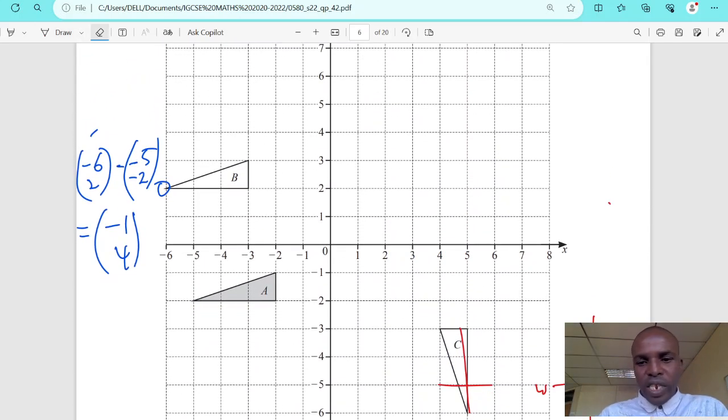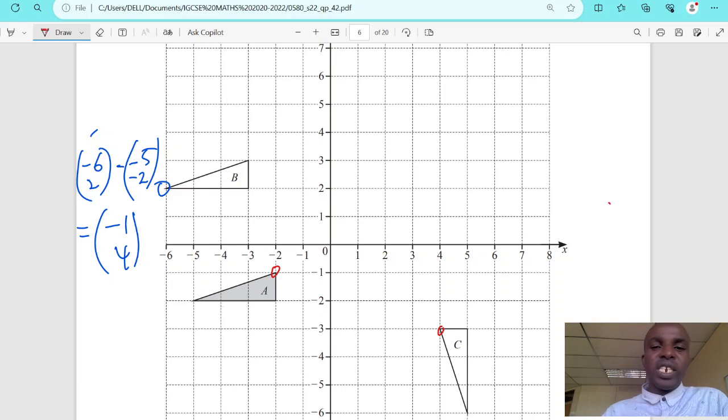Then next item, you check on the center of rotation, right? So for the center of rotation, you can use your protractor or ruler. Two rulers, they will make sense. Check this point and this one.